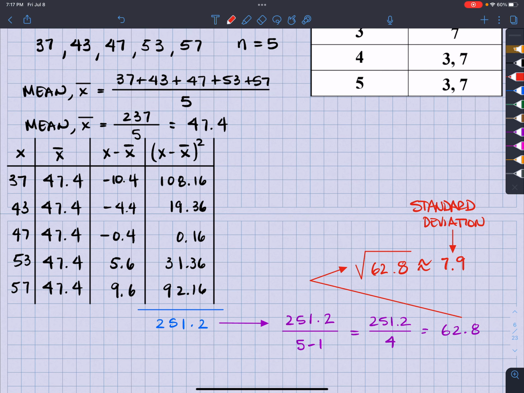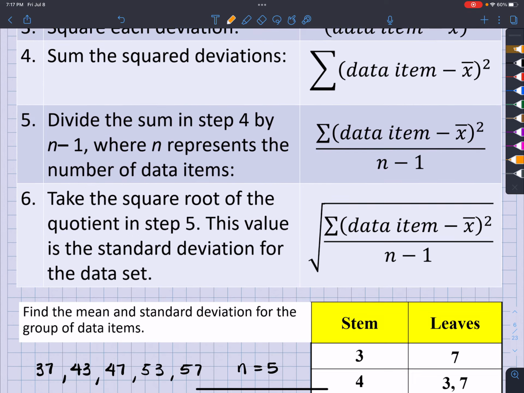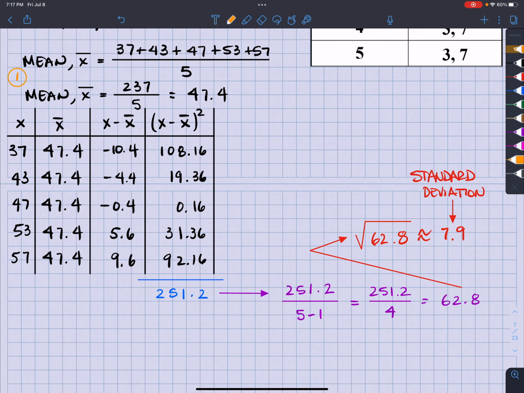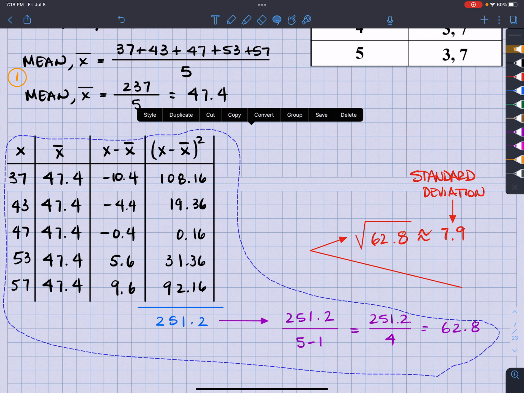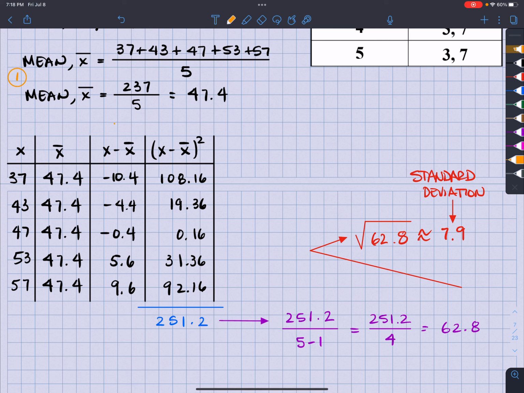Before I do anything else, let me show you what I just did. Step 1 was finding the mean. In step 2, I made a table and subtracted the items. Then this was step 3.